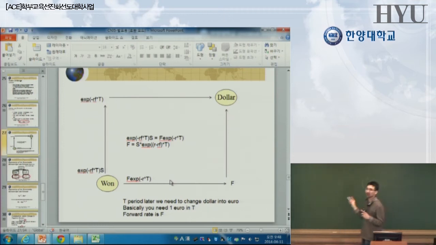But this is actually not wrong. This is the usual way of quoting exchange rate, but in the textbook for the formula, we have to define this one as F, and we have to call this one S.